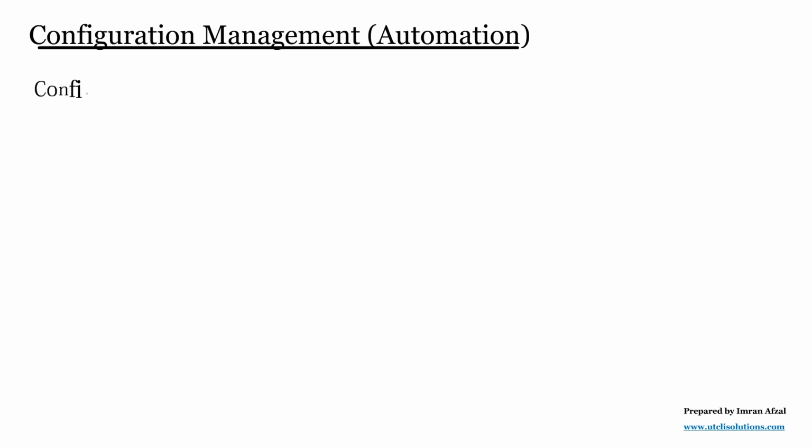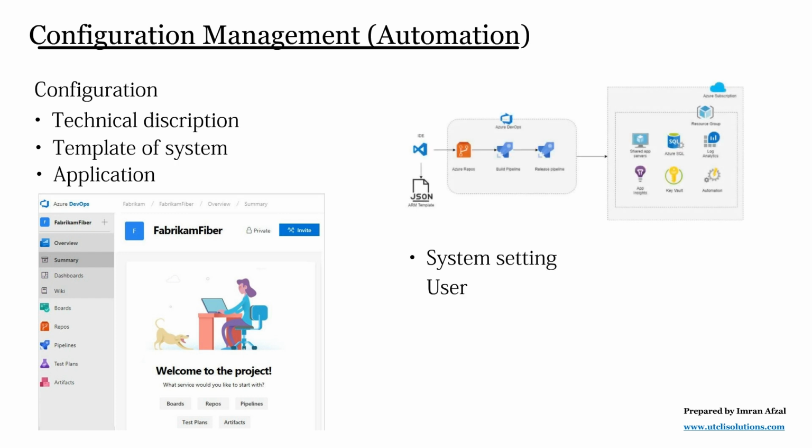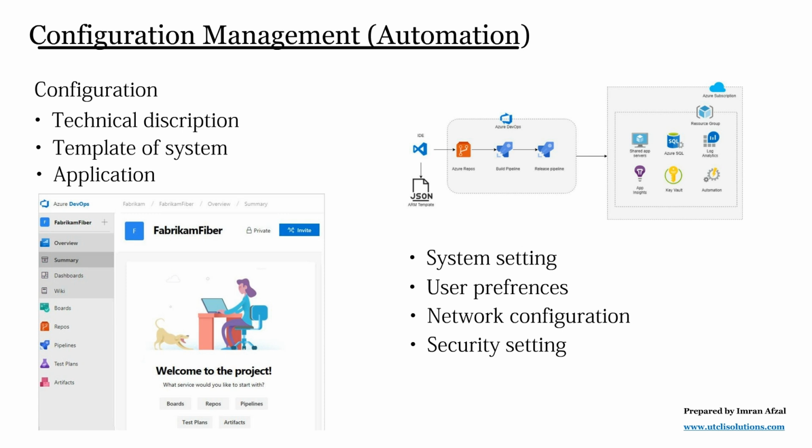As always, we will break both words and go over them one by one so you could have a better understanding. The first is configuration, which is a technical description or a template of a system or an application. It includes configurations such as system settings, user preferences, network configuration, security settings, and so on.